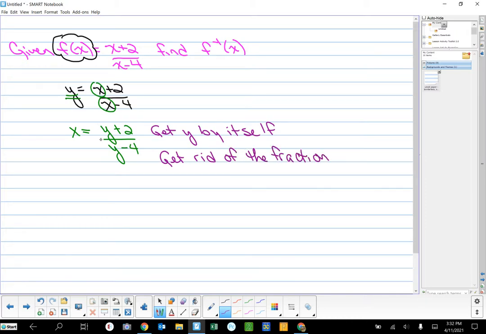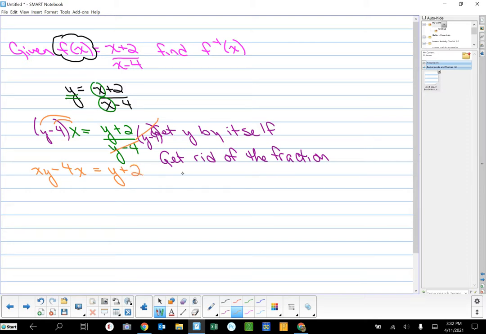So what we're going to do is multiply both sides by y minus 4. Well, what's going to happen on this right-hand side is those are going to cancel each other out. And on the left-hand side, we're actually going to distribute. So we're going to get xy minus 4x equals y plus 2.